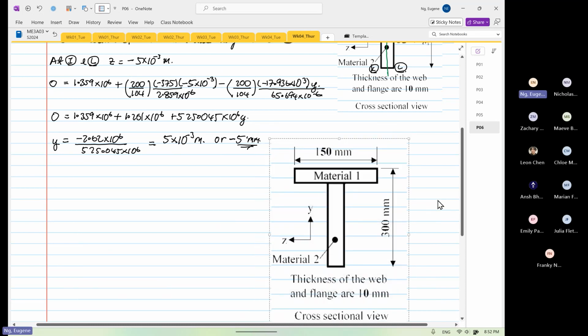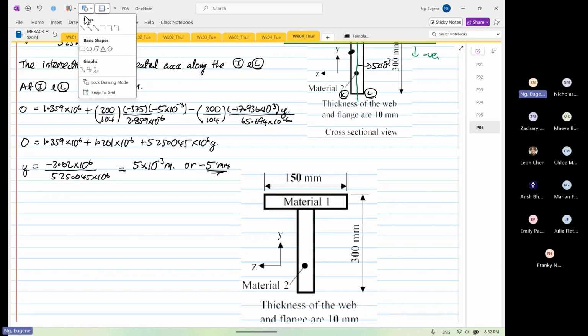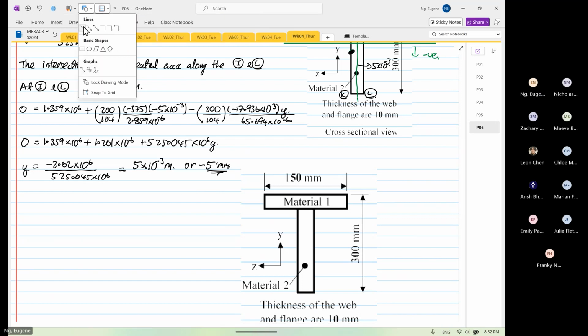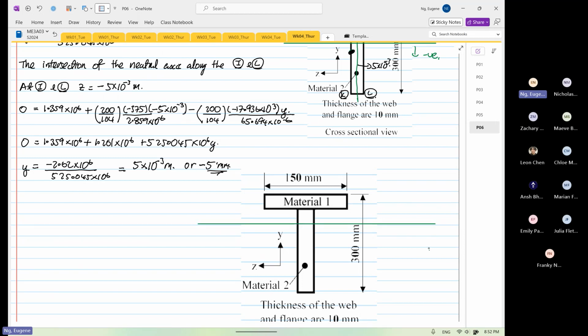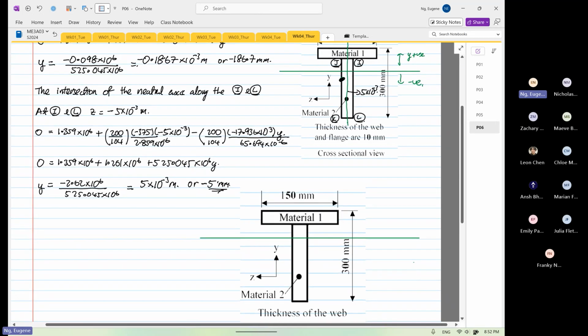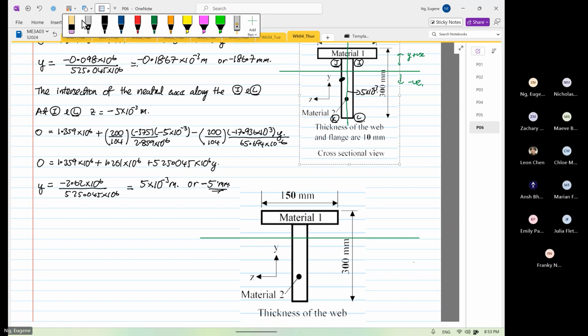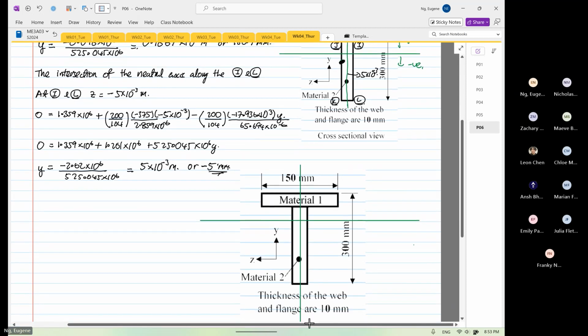So if this is the structure, and this is our y or our neutral axis, again this is just a sketch. At one point it is 186.7 millimeters, so this is our y.